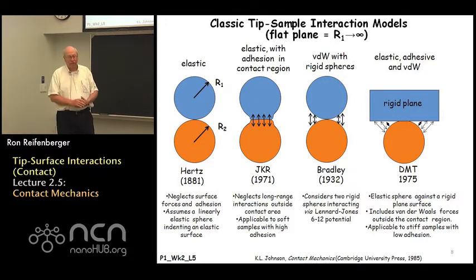An advance was made by Bradley in 1932 when he took into account the interaction potentials between atoms and molecules in sphere 1 and atoms and molecules in sphere 2. That model was fully developed in the DMT model, around 1975, where now you actually have long-range interactions possible between atoms in the tip and the substrate.